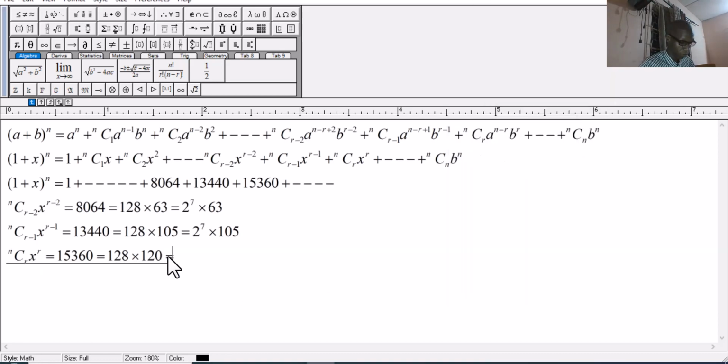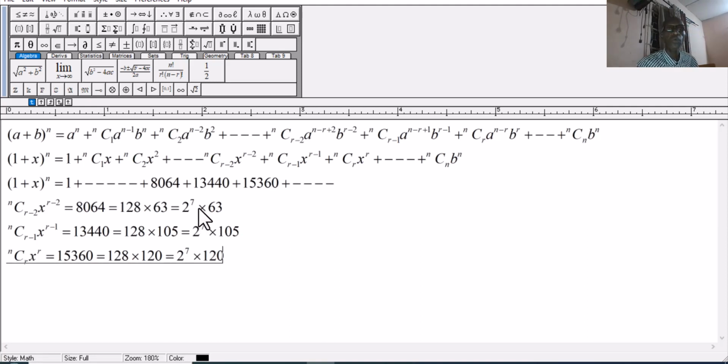So this one implies 2 raised to the power of 7 times 120. Okay, let's just leave it as 120. Don't worry, you'll see the reason why I'm leaving it like this.